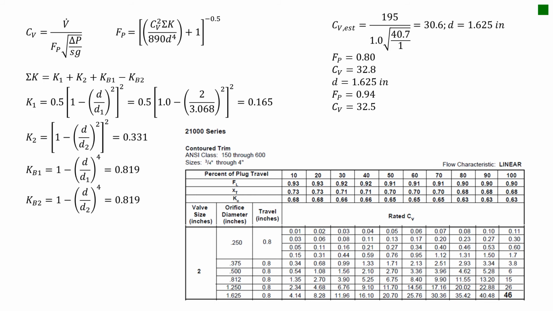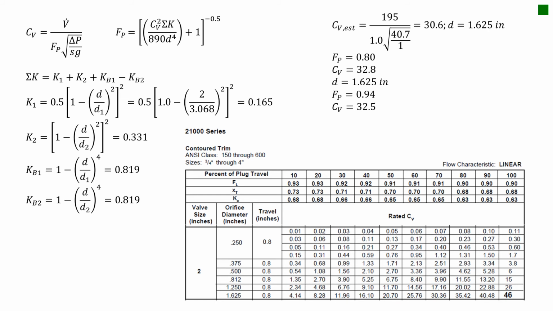If I look at my 2-inch valves, only the very last one will give me a value of 30.6 because all the others are much too small. So I would have an orifice diameter, in this case, of 1.625 inches.